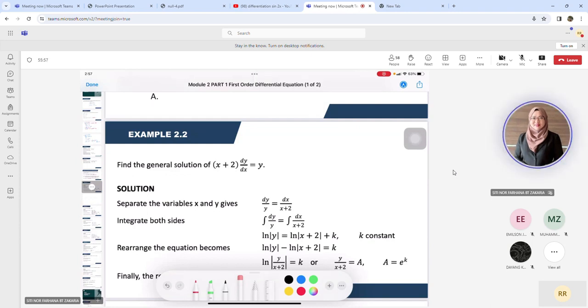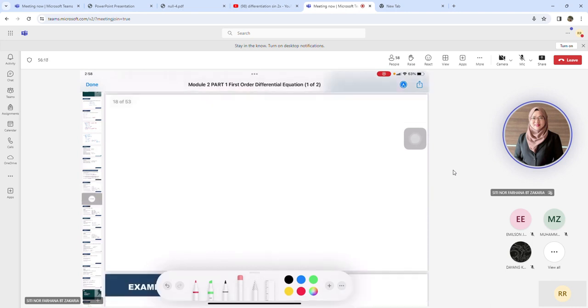Alright. So example 2.2. Find the general solution for this DE. So general solution means that function y equals to what. Okay. So this one is our DE. First thing we need to do, we need to prove that this DE belongs to separable equation.